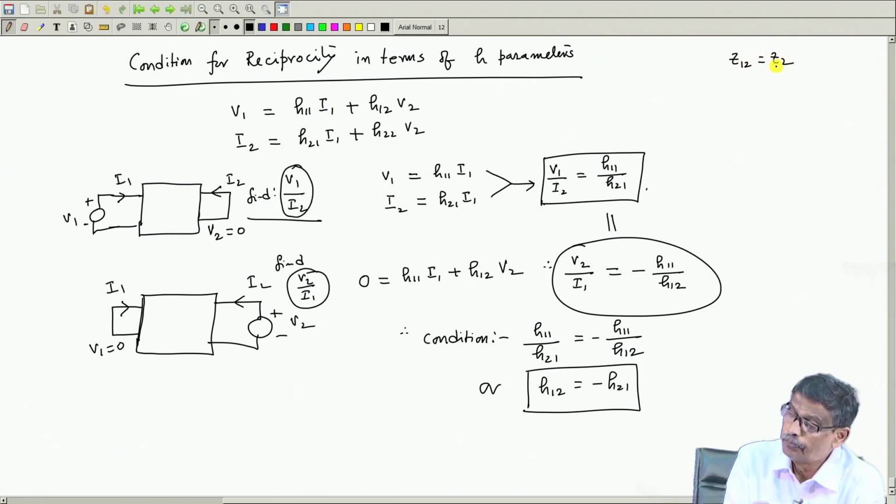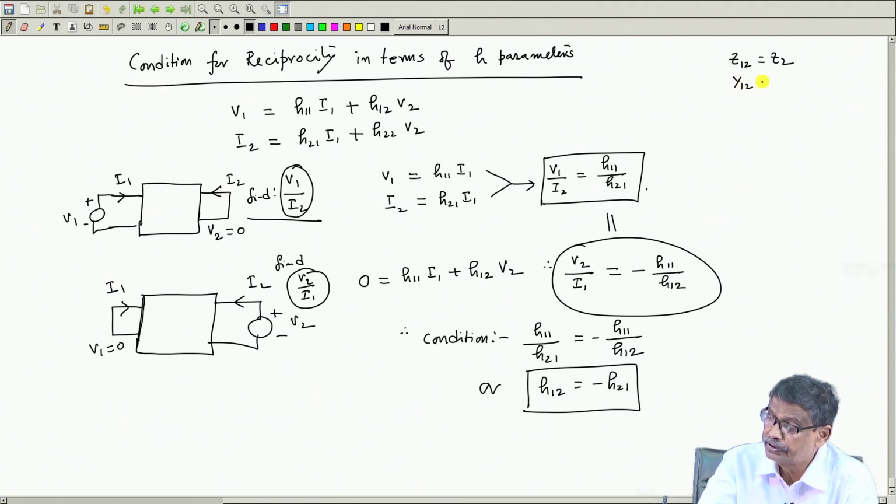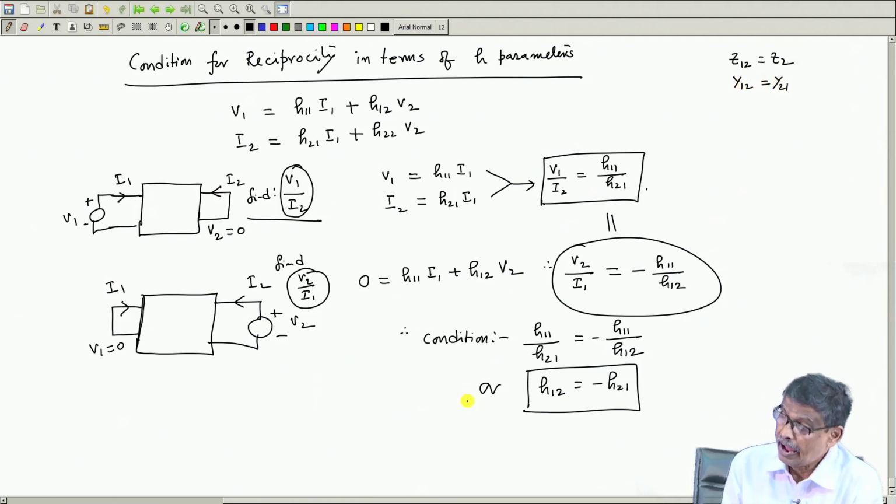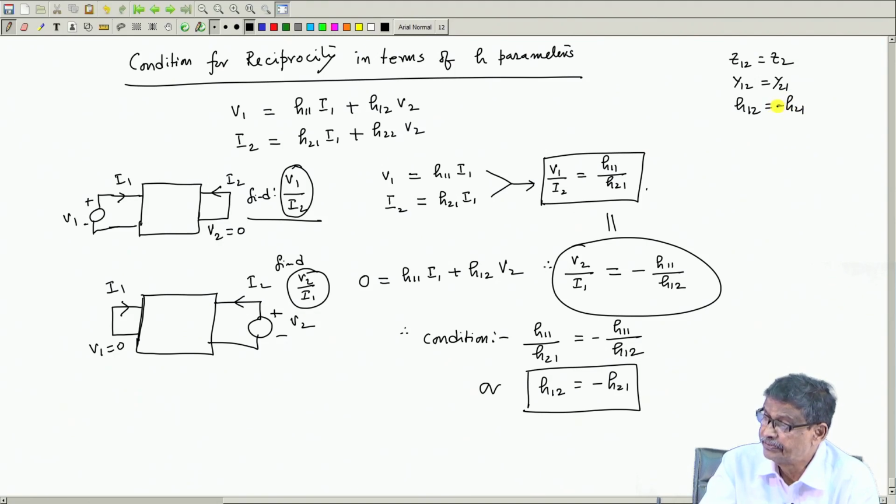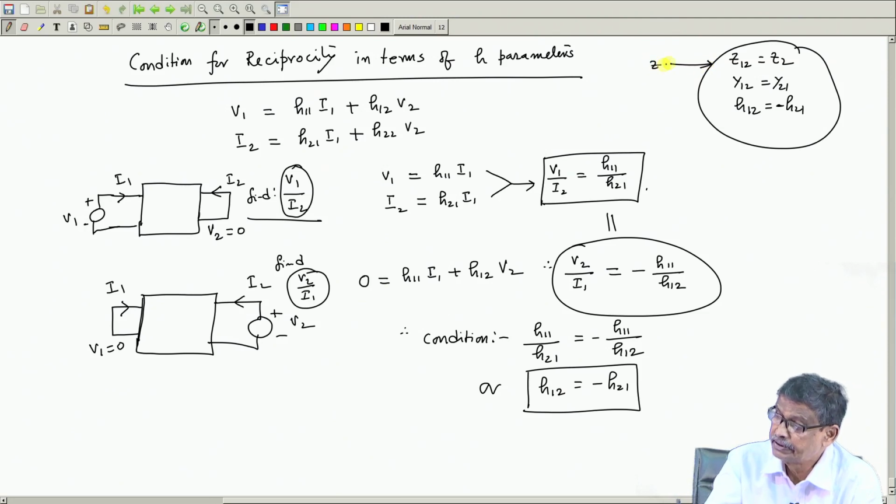If the same two port network is represented in terms of admittance parameters, then also Y 1 2 is equal to Y 2 1. And if you represent the same network in terms of H parameters, then the condition is this. There is a slight difference, a negative sign appears for the H parameters.